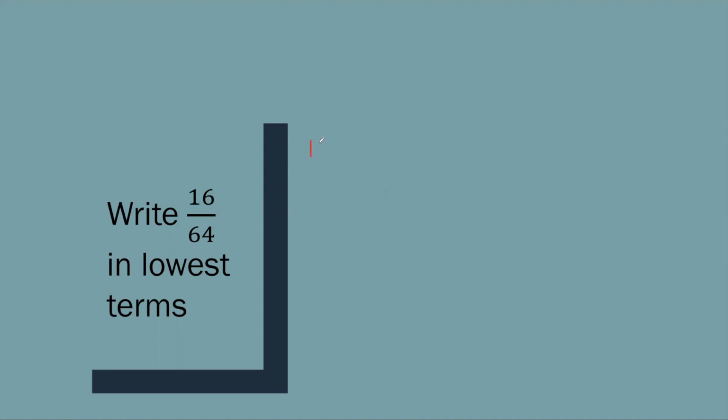Okay, and then 16 over 64, so what goes into 16? 1, 2, 4, and 8 and 16, and then factors of 64 are 1, 2, 4, 8, 16, 32, and 64.